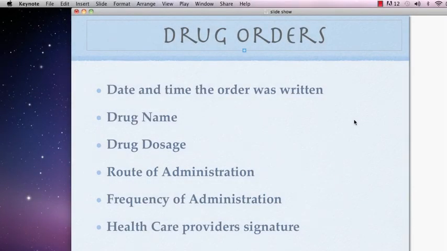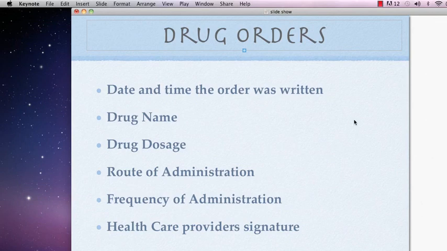So each order requires you to have a date and time. You need a drug name, heparin, morphine, penicillin, how much of the medication the doctor wants you to give to the patient, how he wants you to give it, whether it's IV, IM, PO, how often that medication should be given, and it requires a healthcare provider signature, whether it be a doctor's signature, it can be an OD, it can be an FNP.